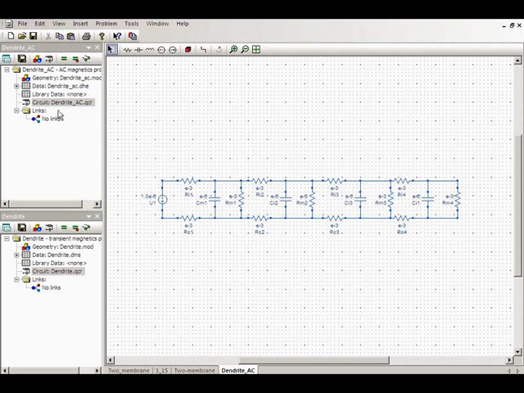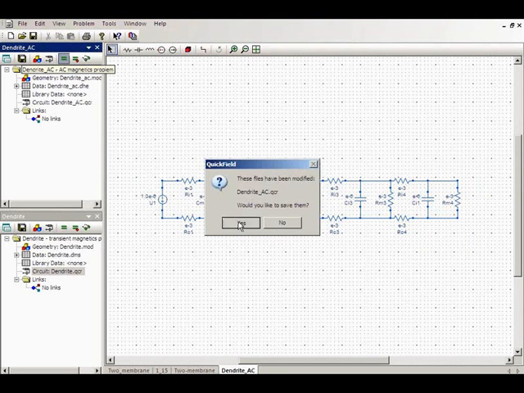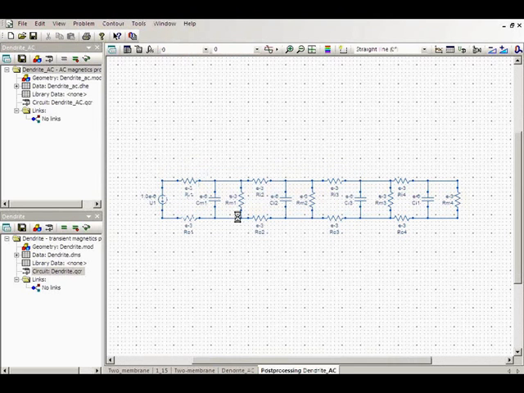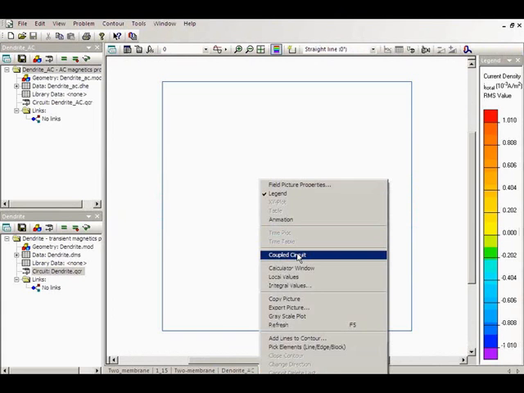So let's go ahead and solve this particular problem. It's an AC problem. And it's solved pretty quick.